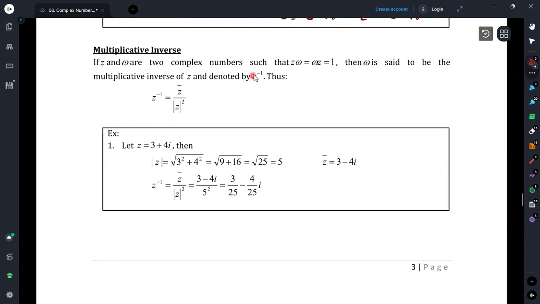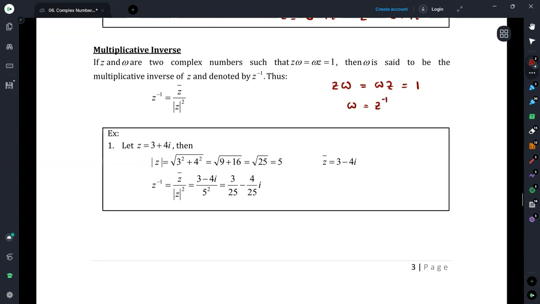If you multiply z and omega, and you get the same value as multiplying omega times z, and that value is 1, then omega is the multiplicative inverse of z, denoted using the notation z inverse.